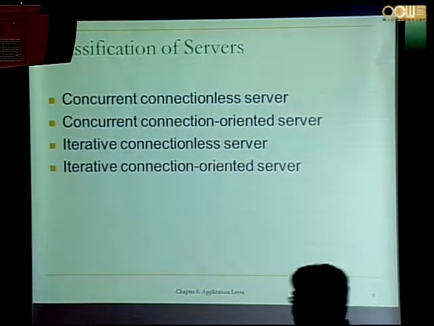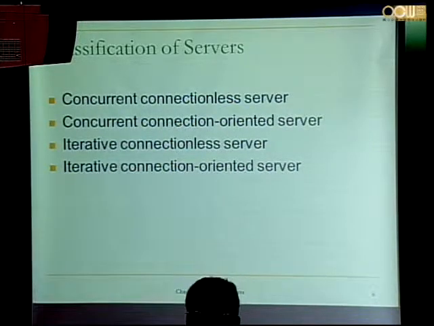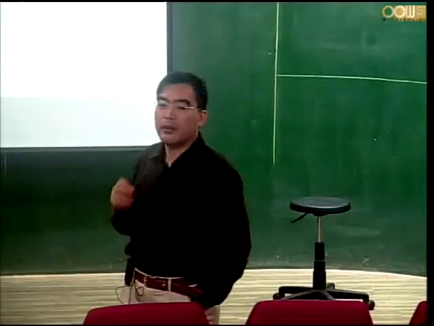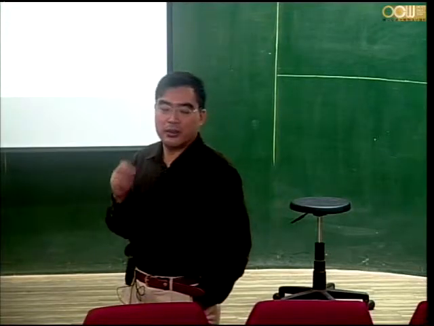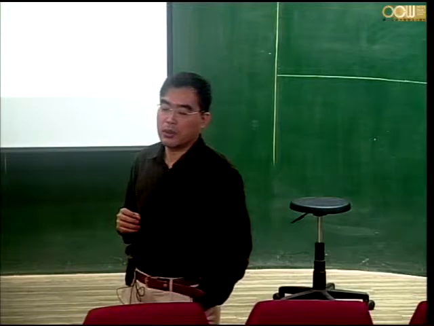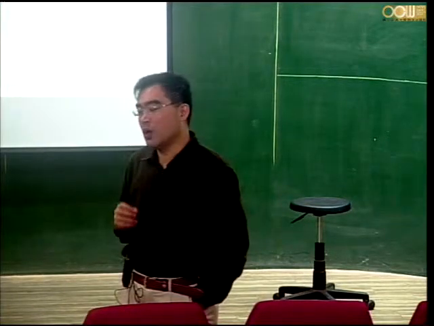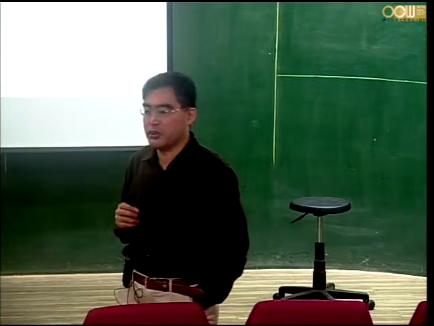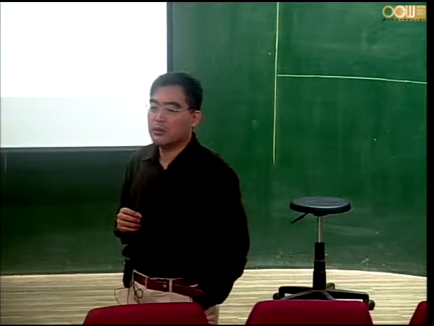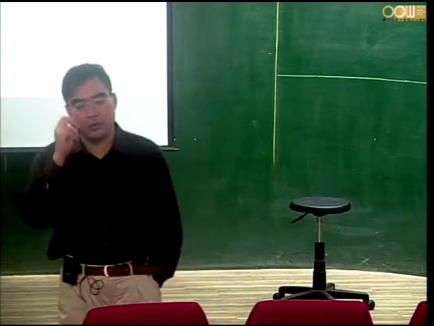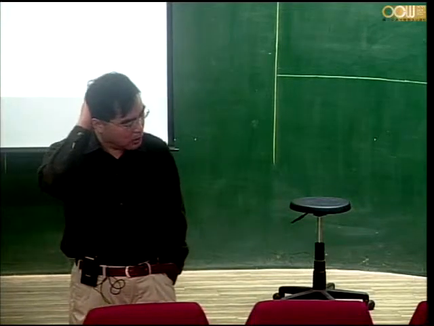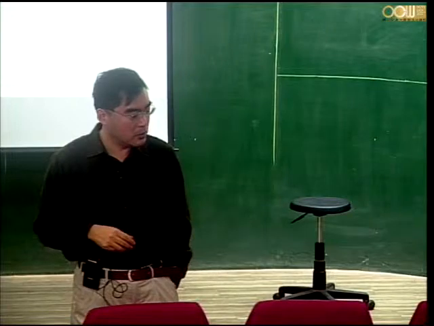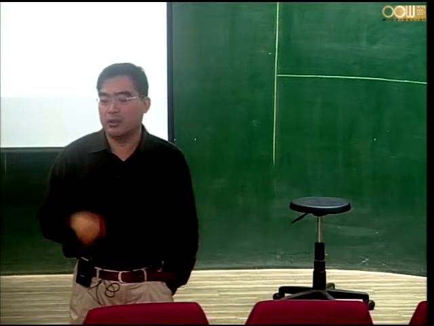So the problem now is, if the client request can be served quickly, then it's okay to run iterative mode, right? And what kind of request will have short service time? Usually a simple query. For example, DNS.